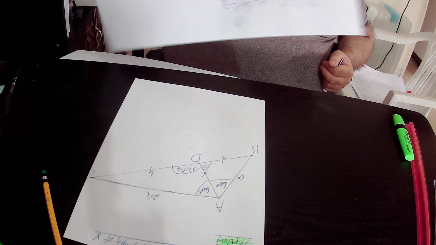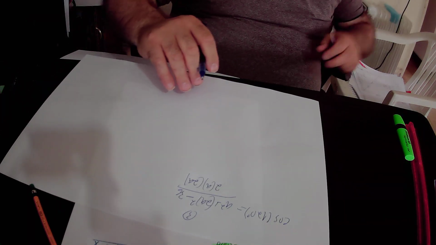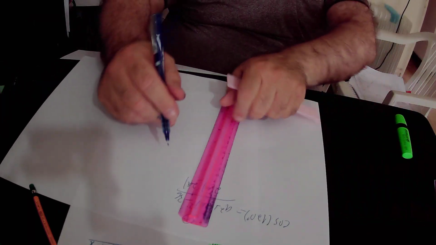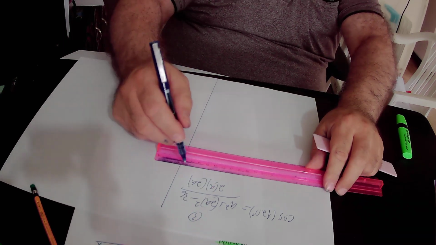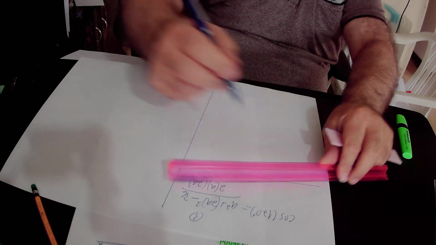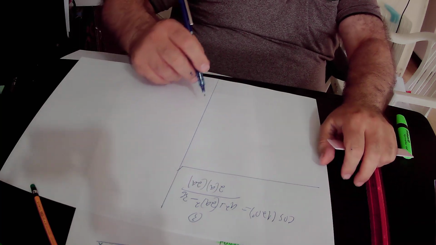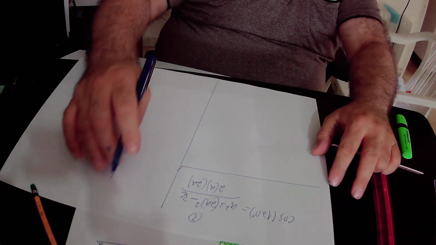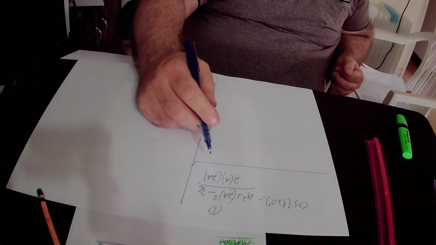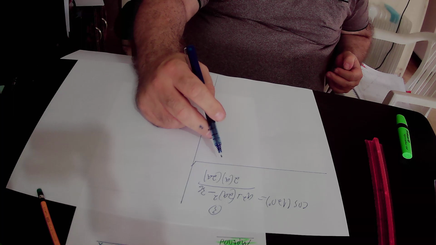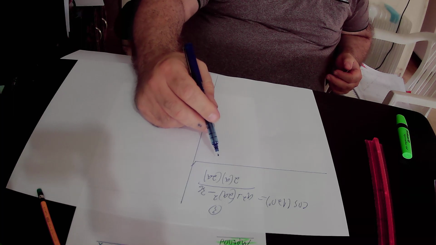So in conclusion, according to the law of cosines, we found that cosine 120 degrees equals A square plus 2A square minus 36 over 2A times 2A.